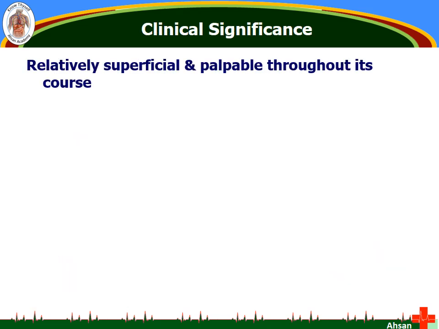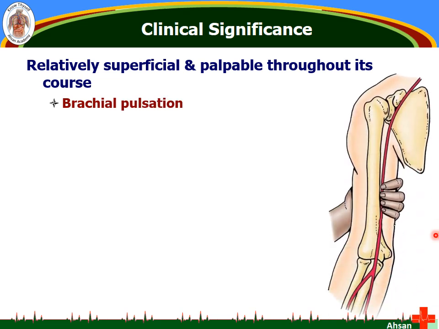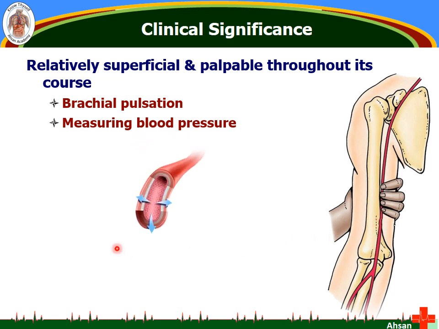Already we know that the brachial artery is closely related to the median nerve, and it is superficial throughout its length, and we can feel the pulsation at almost all levels. This lower part lies just in front of the humerus, and we can use this part for measuring blood pressure.